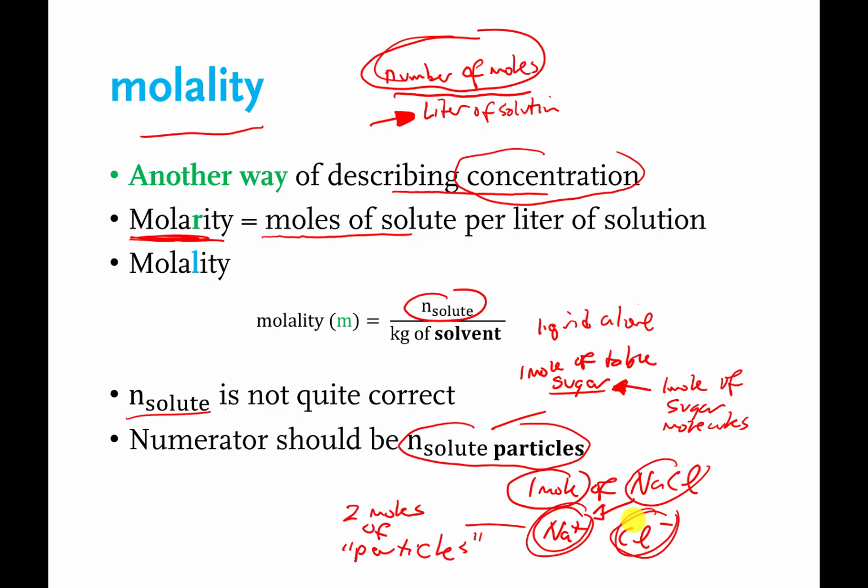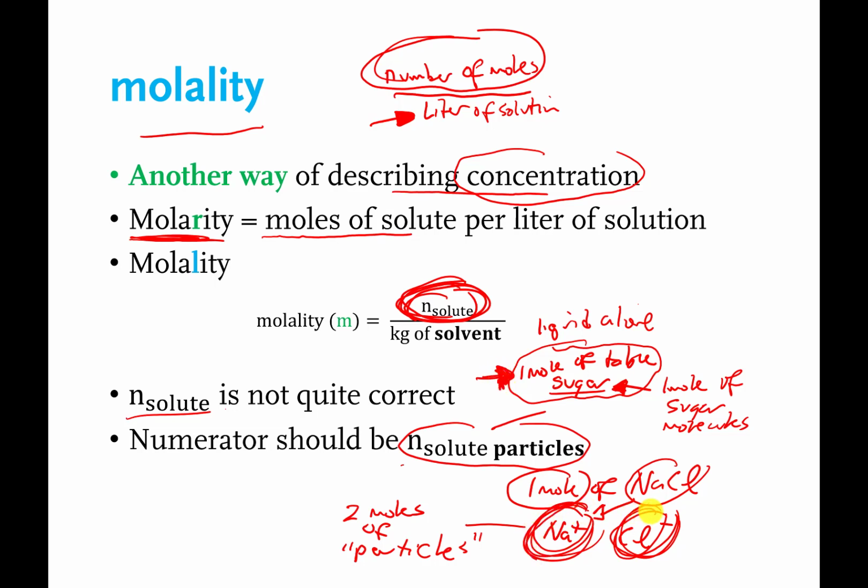So the number that goes in the numerator will depend on if your material breaks apart into ions, usually, when you dissolve it in your liquid. If it doesn't break apart into anything, like table sugar when you dissolve it in water, then the number of moles that goes in the numerator is just going to equal however many moles of stuff you throw in.